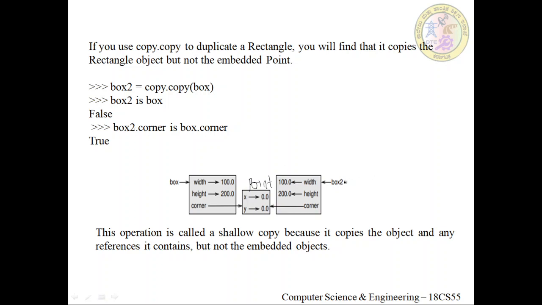In our Python program we have used it as box1. Let's take it as box1. So box1's width and height are different now. They have got a separate copy, but the corner of box1 and the corner of box both are pointing to the same memory location. So such a copy we call a shallow copy.